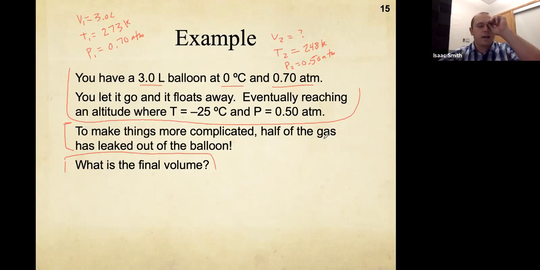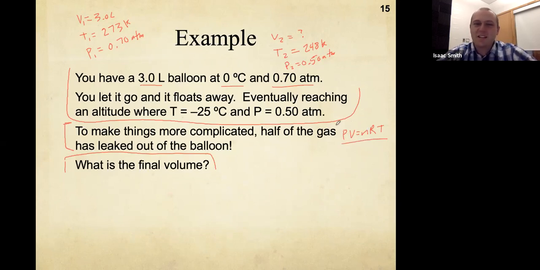Okay, so the way I would solve this problem, and there's probably a couple of ways you could do it, we need more numbers. The ideal gas law is PV equals nRT. Sorry, yes, we can use this.